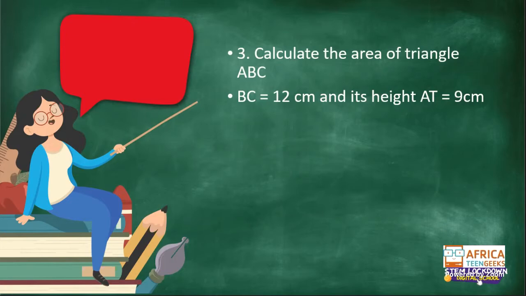You can draw the triangle just to demonstrate your understanding of this problem. The base, BC, is 12 centimeters, and the height is 9 centimeters. So let's calculate the area of the triangle.